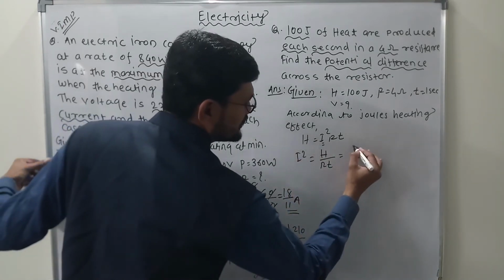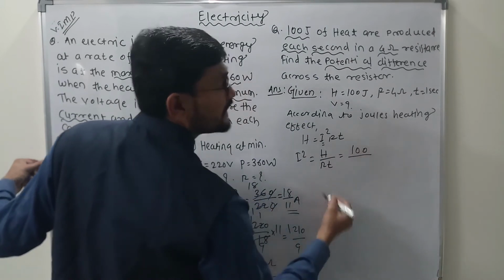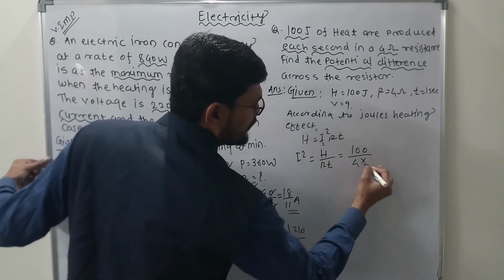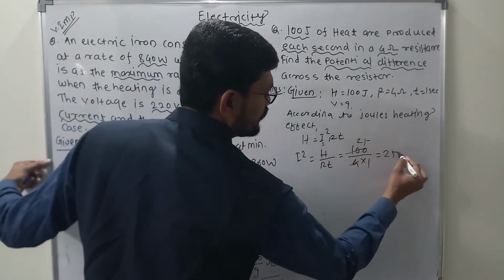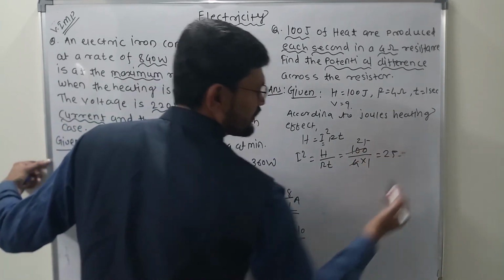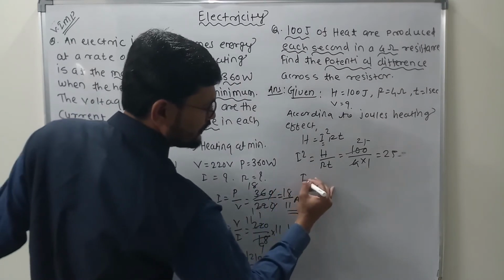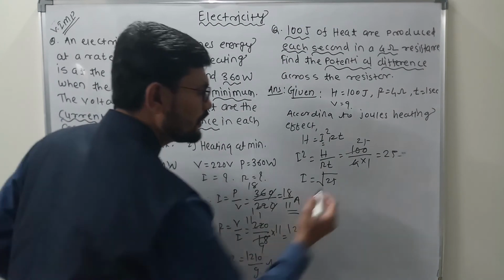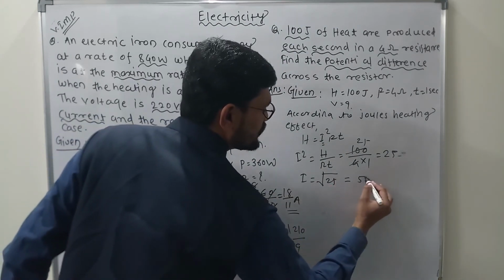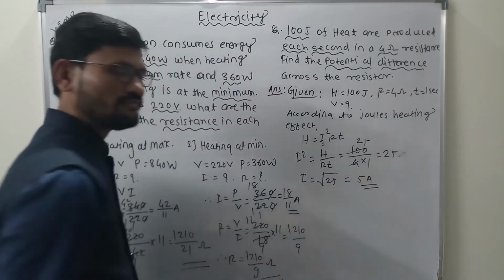How much is the H? 100. How much is the R? 4. And time is 1. 4 times 25 is 100. So what is the answer? 25 ampere square. But this is I square. So then I is equal to root 25. और ये root 25 कितना होगा? Sir 5 होगा. So I is equal to 5 ampere.